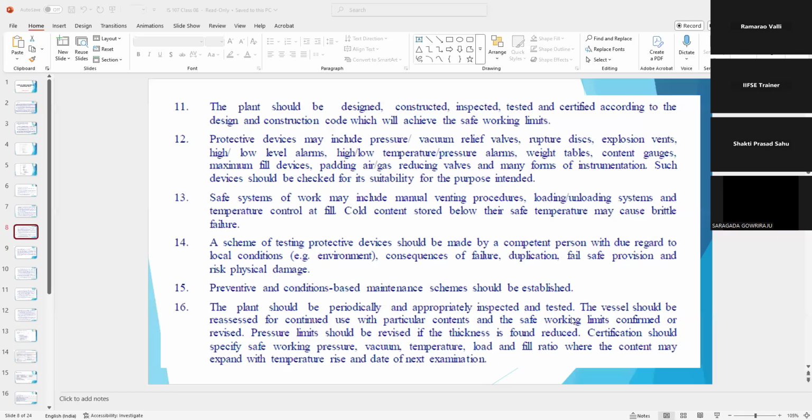Based on the guide words, we go through each process. There we take one process flow. We go step by step from the raw material storage till the packing, one by one. Even if you're talking about the pipelines, you take each one of the pipelines. In case of no flow, what will happen?